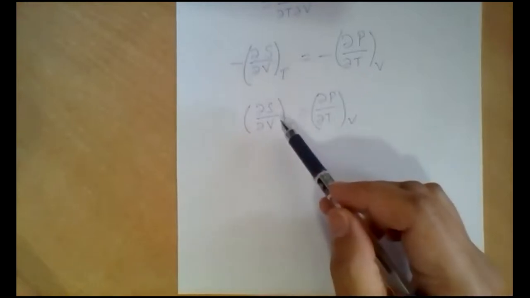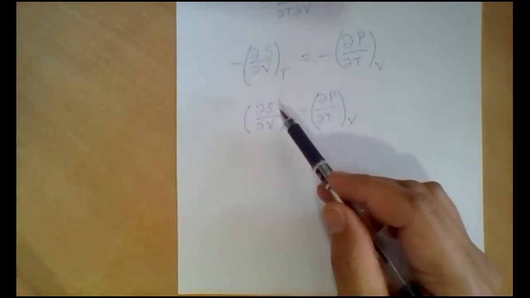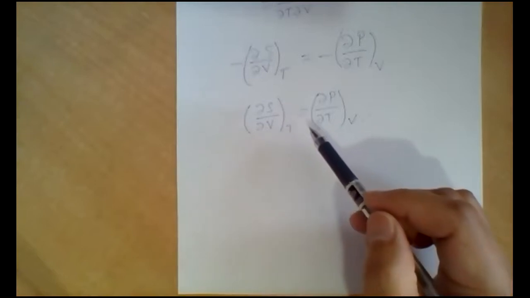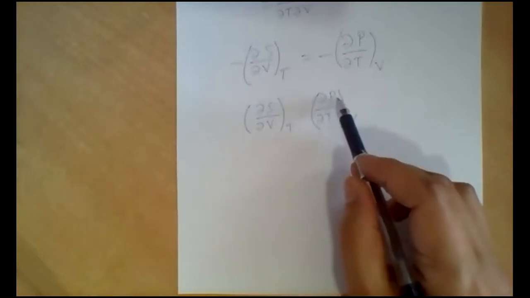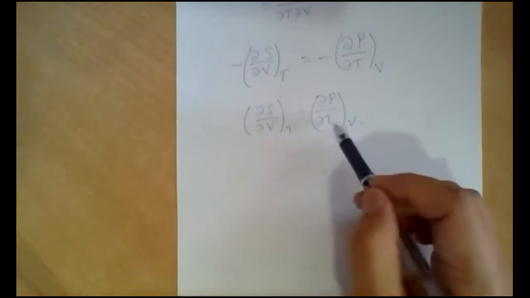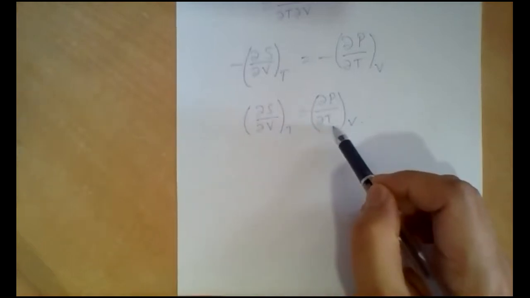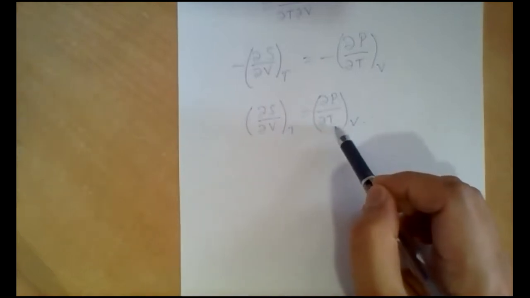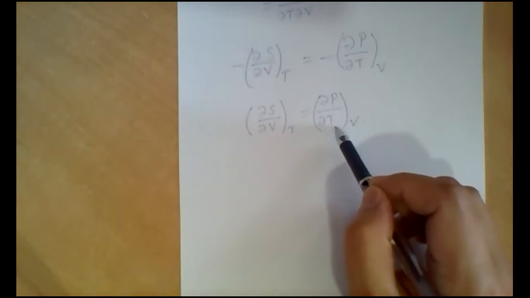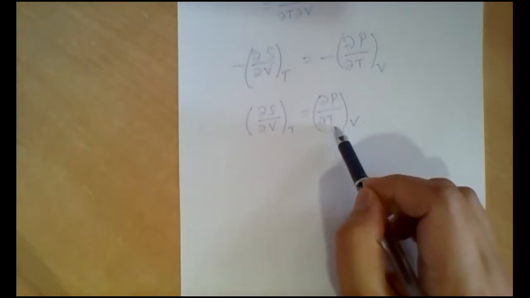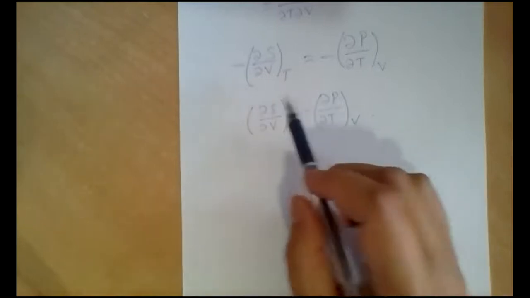Entropy is not a directly measurable quantity. This allows us to measure or calculate the entropy of a substance in terms of pressure, volume, temperature, their interdependence.